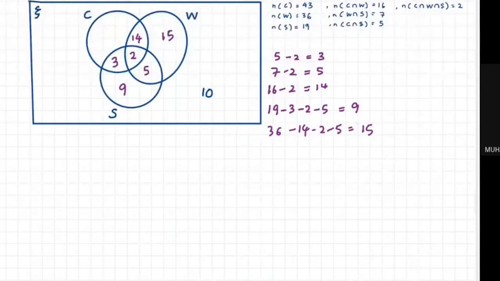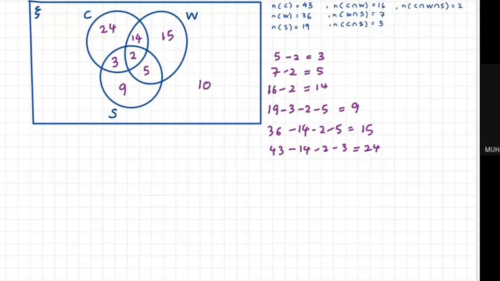And the last one, 43 minus 14 minus 2 minus 3, you will get 24. So here will be 24. And last one, 10 belongs to none of the 3 sets. Okay, so now you get your Venn diagram.